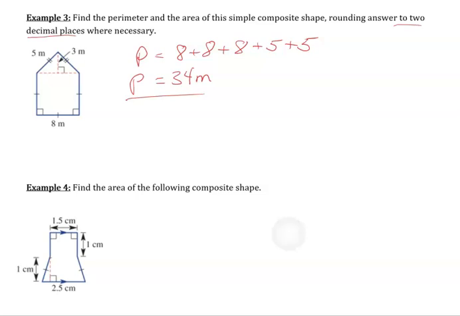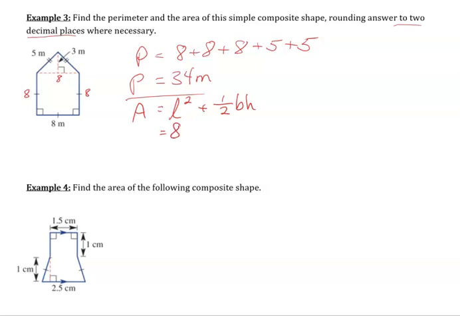Now the area is going to be adding together these two different shapes. As we said before, these are the same, and I'm going to presume that's the same as well, and that makes a square, which is side length squared. And to that we're going to add the area of that triangle on top, which is 1/2 of the base times height.